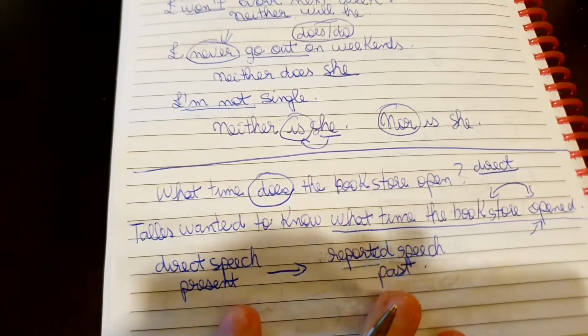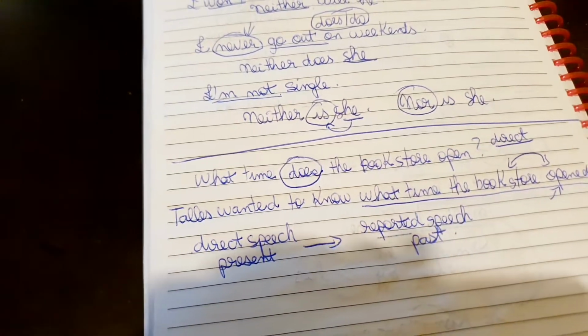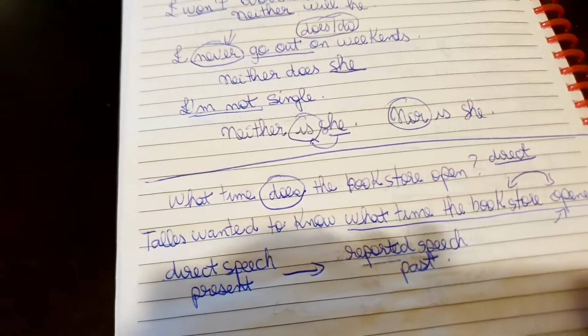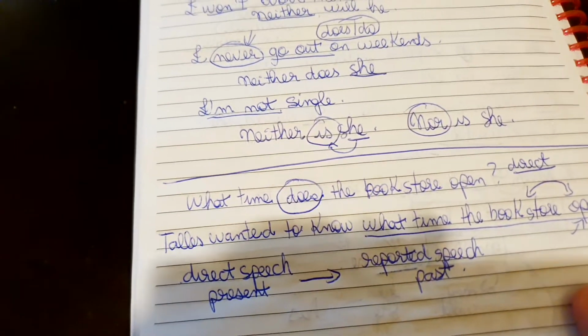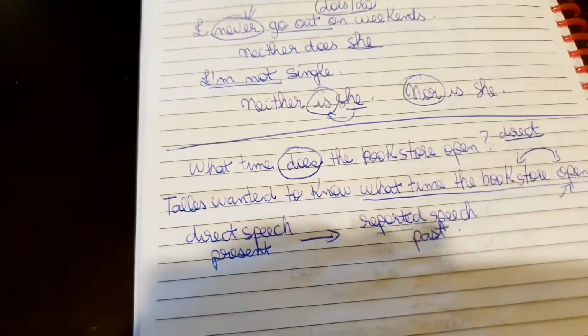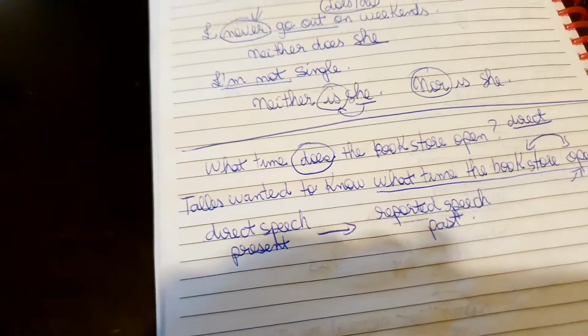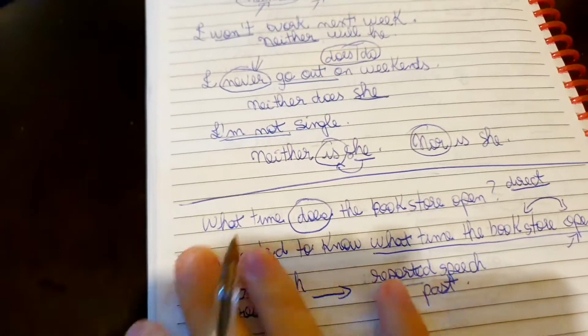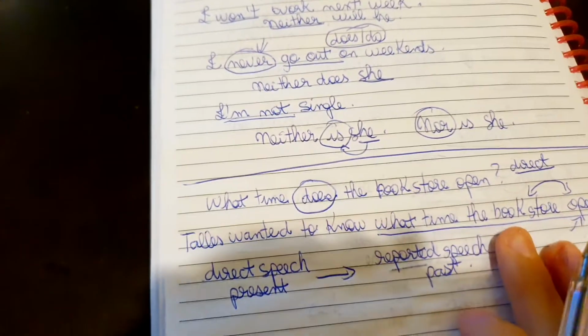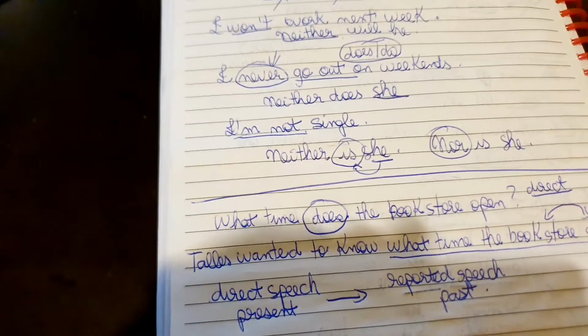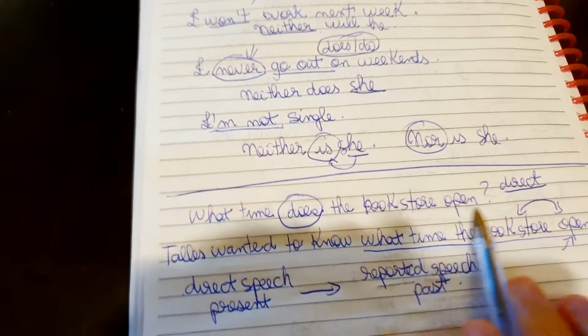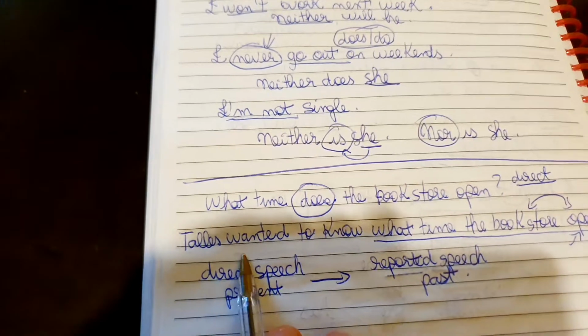So that's the difference. I guess we have already talked about it in previous lessons, but in this lesson, I'm talking about the reported questions, right? This is a question which is reported, okay?